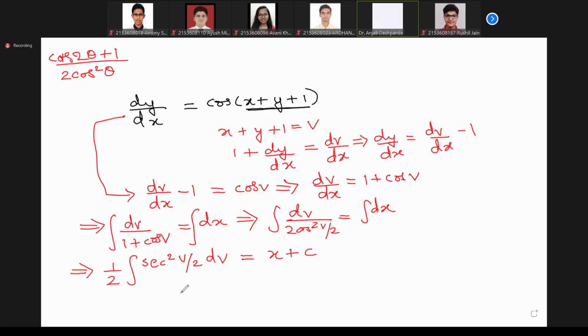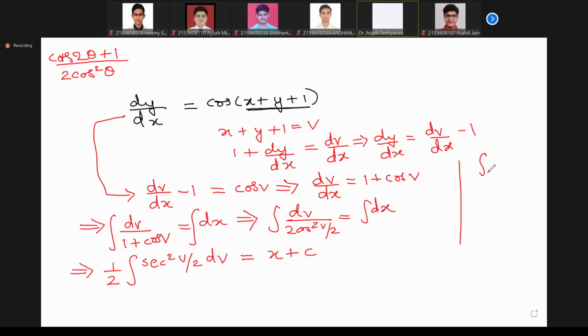So what is the integration of secant square? tan v by 2. Whenever we are doing the integration, any integral value we are doing, we are always dividing it by the derivative of that function.